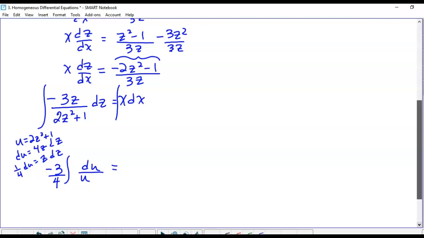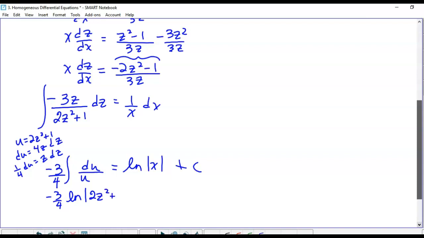Oh, a couple mistakes. This is 1 over x dx. There we go: ln of x plus, so this is negative 3/4 ln of u, which is 2z squared plus 1, plus c.